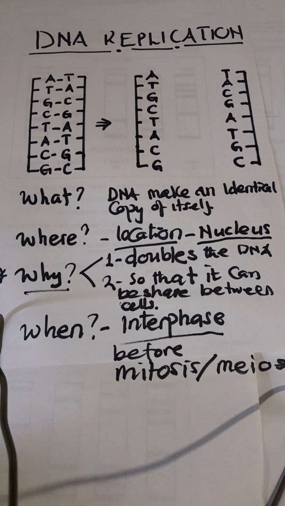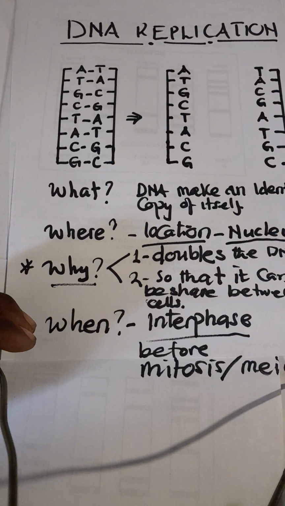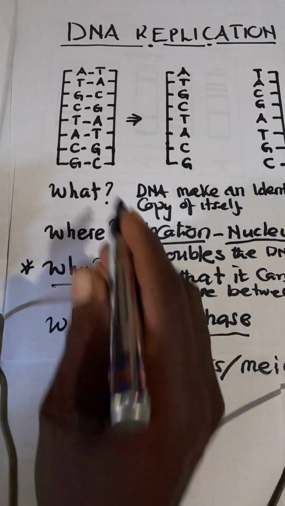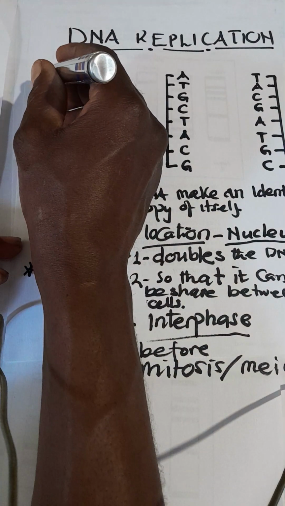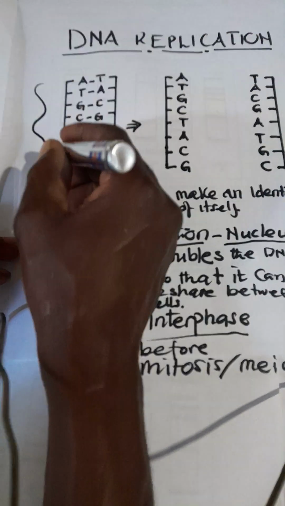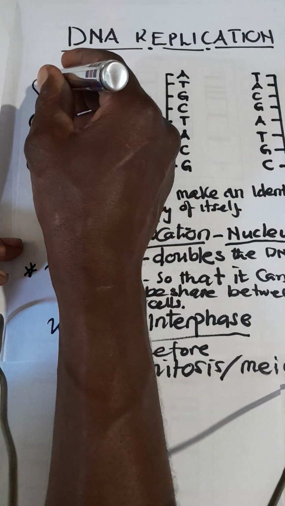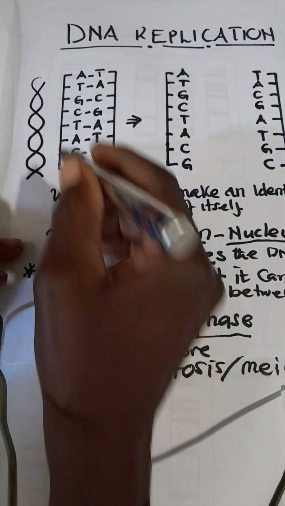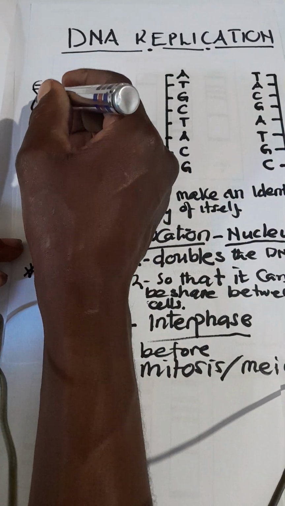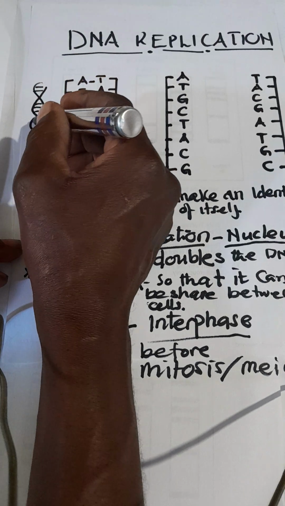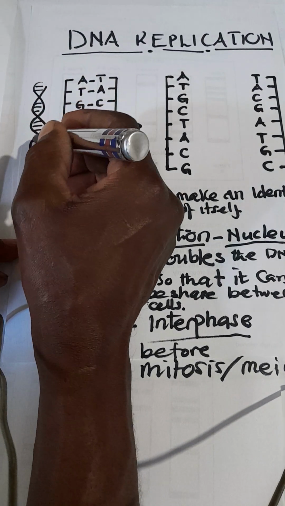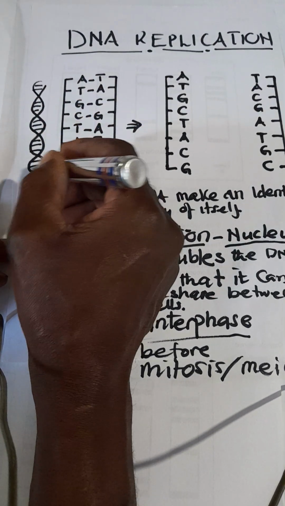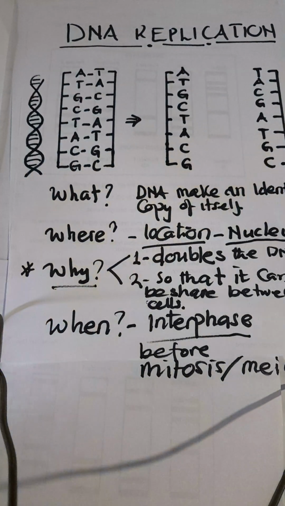Let's begin here. If you remember very well what we learned, DNA in its originality is a double helix. It is a double helix, meaning that it is twisted like a rope, isn't it? There you go. This is my DNA.